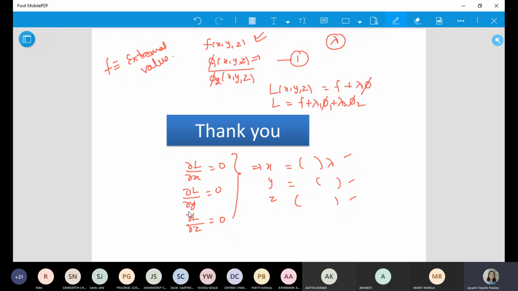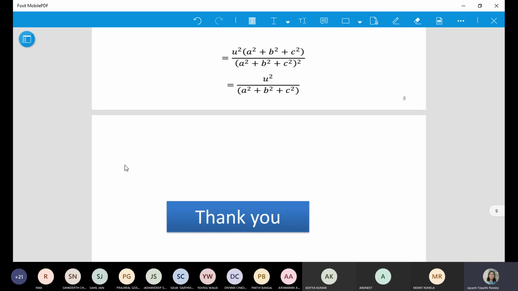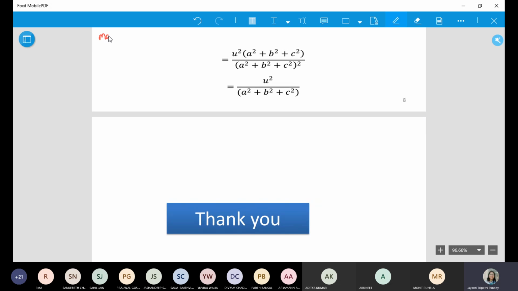Yes, ma'am. Now I'm giving you one question. You try it out. The question is, find the maximum and minimum distance of the point 3, 4, 12 from the sphere x square plus y square plus z square equals 1.